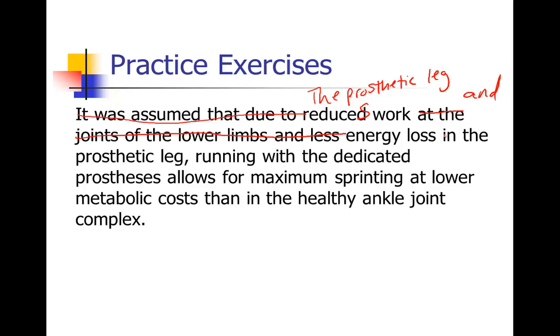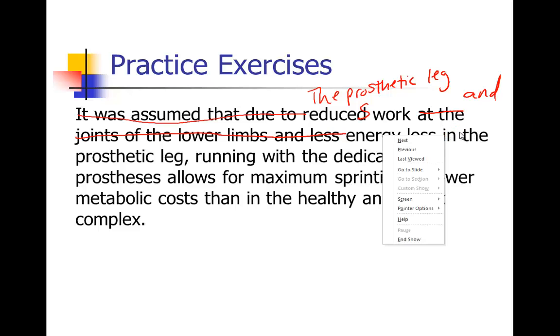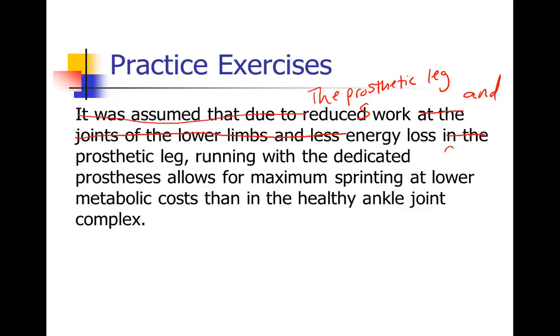And then what compared with what? We need a compared with. So this is where we're going to put the healthy ankle joint. Compared with a healthy ankle joint. I'm going to get rid of complex. We probably don't need healthy ankle joint complex, just a healthy ankle joint. So the prosthetic leg reduces work and energy loss compared with a healthy ankle joint.